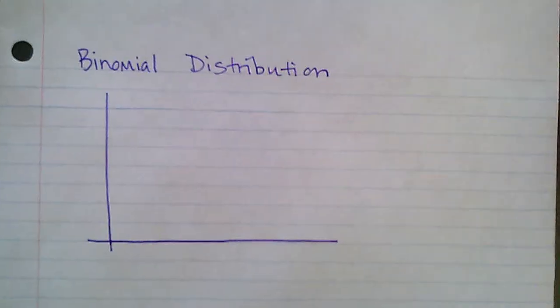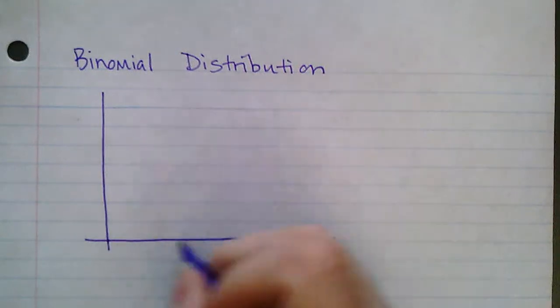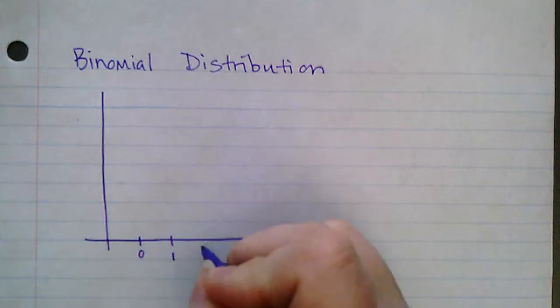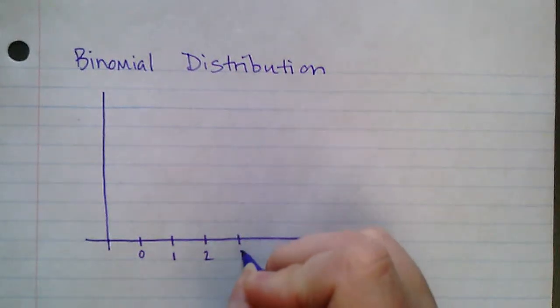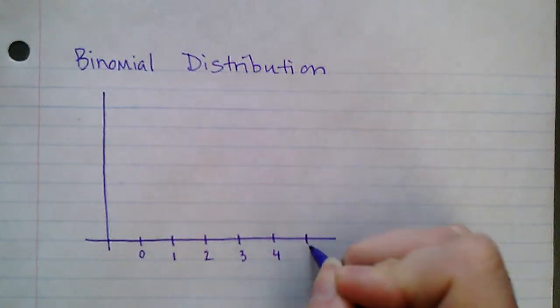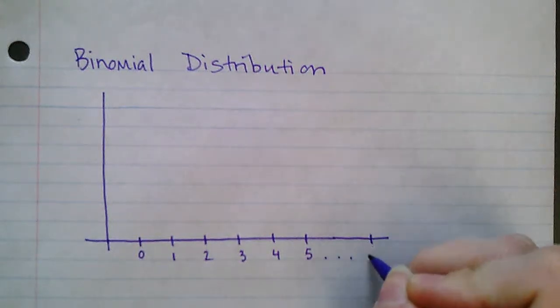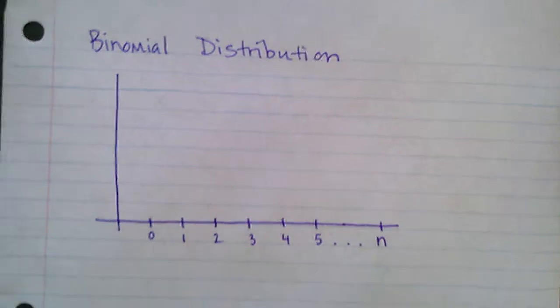A binomial distribution. Along the horizontal axis is going to have the number of successes. So it would keep going all the way till we get to however many successes there are.